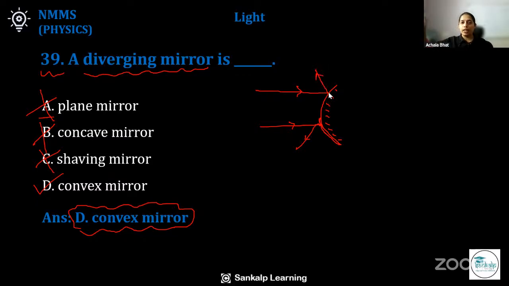This ray is in one direction and another ray is in another direction. They are diverging. Convex mirror is called a diverging mirror.